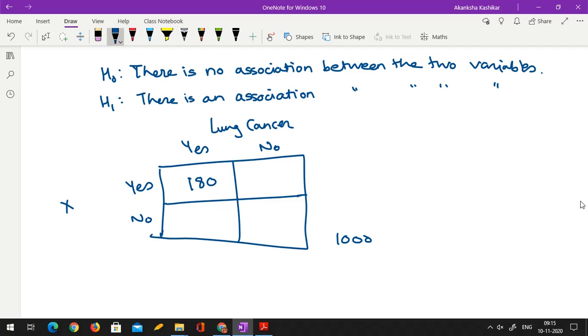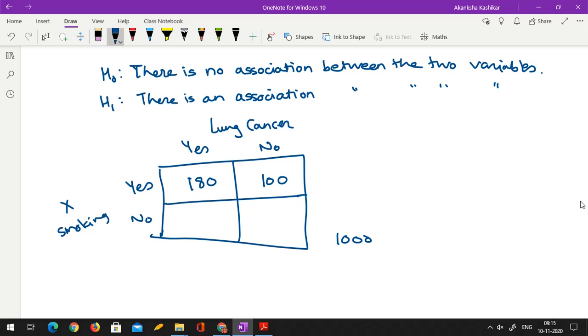Suppose we have, say, 180 people who smoke and who have lung cancer. Here x is smoking status. Then suppose we have, say, 100 people who smoke but don't have lung cancer.